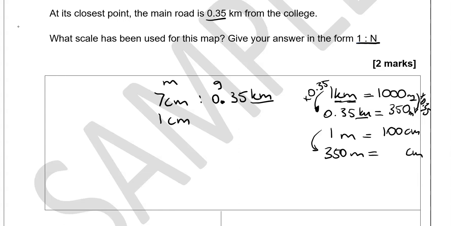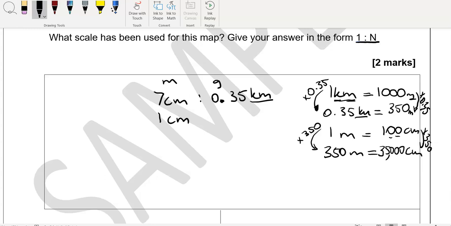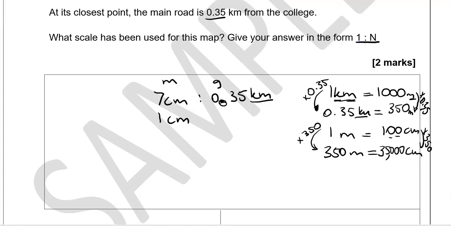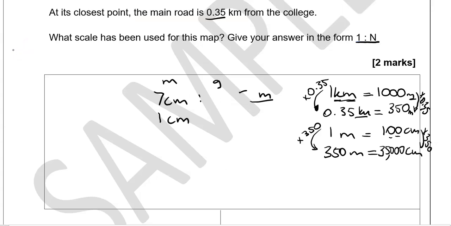So to get from 1 to 350, we multiply by 350, and we'll do the same on the other side, so multiply by 350. And that means 350 and adding the 2 zeros. So that is 35,000 centimeters. So 7 centimeters on the map is equal to 35,000 centimeters on the ground. So I'll replace this now with the centimeters.